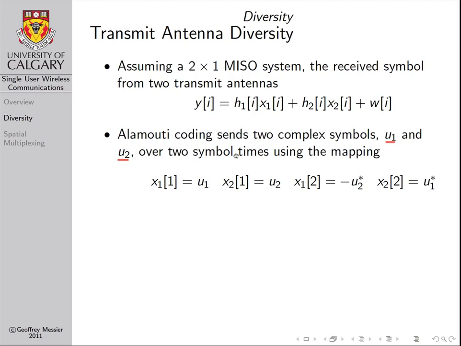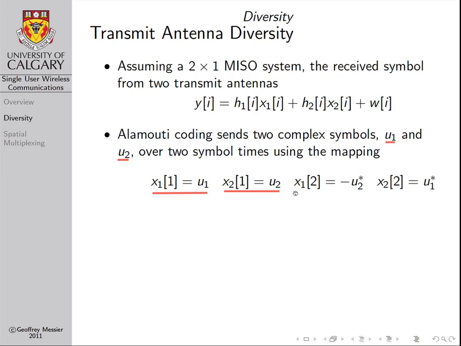Two information symbols over two symbol times, no loss in data rate. During the first symbol interval, we transmit U1 from the first antenna and U2 from the second antenna. So nothing really unusual here. We just send one symbol from one antenna, the other symbol from the other antenna, and of course they're going to add together in the channel linearly and corrupt each other. So just using that first symbol sample isn't going to help us.